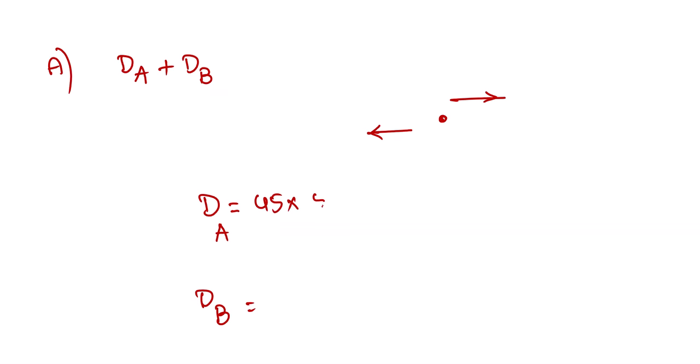Now the distance between them after 95 seconds: distance is speed into time, but the distances of A and B both we have to add as they're traveling in opposite directions. Here, dA plus dB is to be calculated in 95 seconds. 45 kilometers per hour we have to convert into meters per second, and they're asking for 95 seconds time, so 5 by 18 into 95.